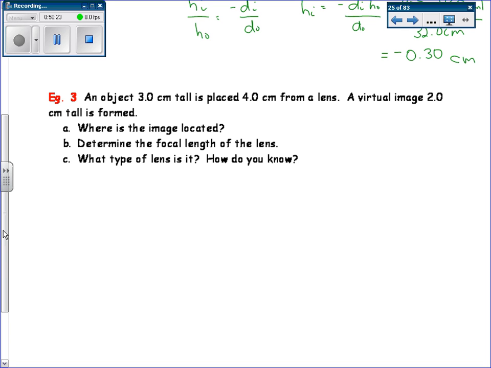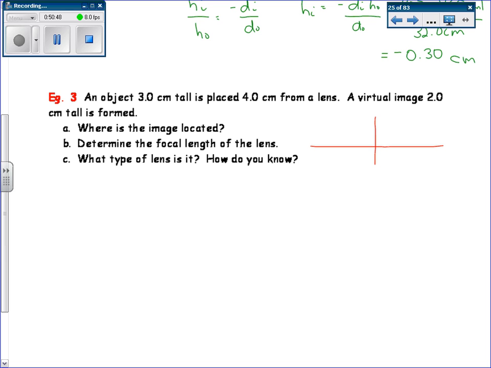Okay, an object 3 centimeters tall is placed 4 centimeters from a lens. So we don't know what kind of lens it is. A virtual image 2 centimeters tall is formed. So if we look at this, we've got our lens in the middle. The object is 3 centimeters tall.